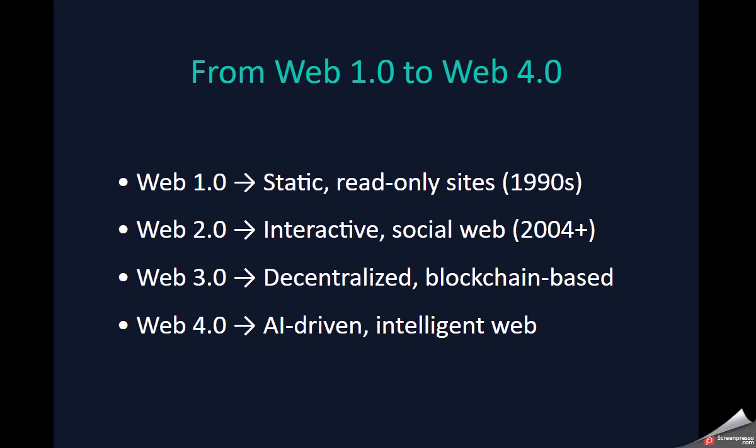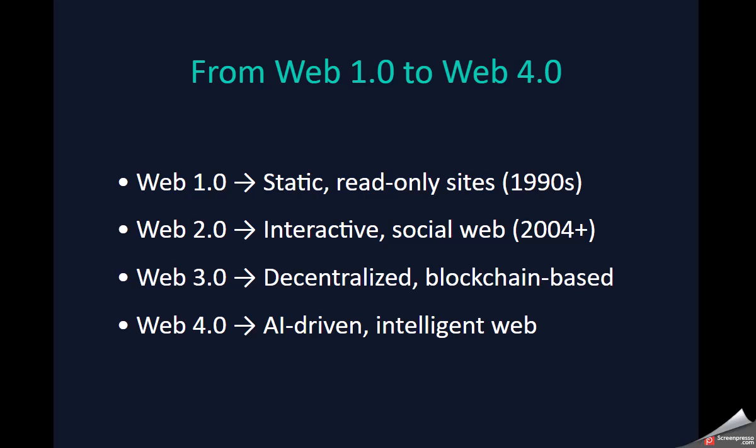Let's take, for instance, for you to understand, you walk into a big library. You can read all the books, but you cannot write in them or talk to anyone there. So it's just like a static web page. Websites were built just to show information, like an online brochure, with no interaction, no comments, no user profiles.